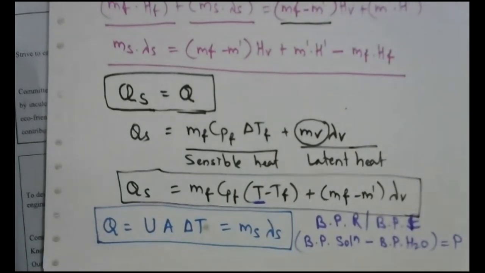So this boiling point of solution can be indicated by capital T now in this equation, and this boiling point of water can be indicated by T dash. So T minus T dash equal to P. So sometimes if T is directly not given in the data, then you can calculate with the help of this boiling point rise number. The T can be calculated as T is equal to T dash plus P.